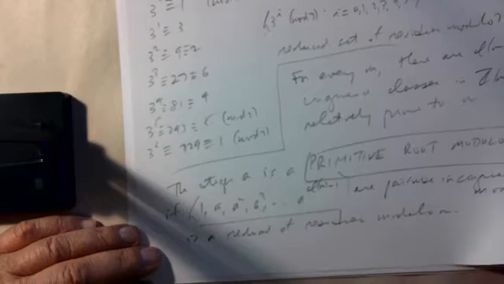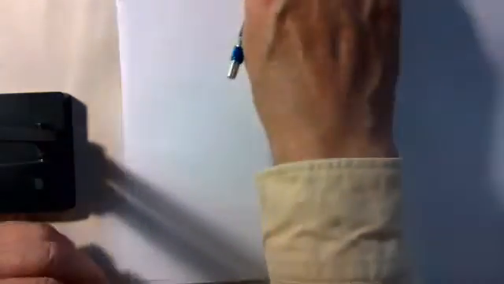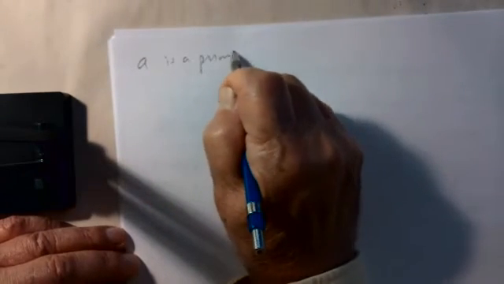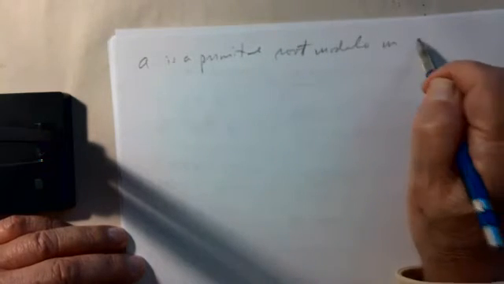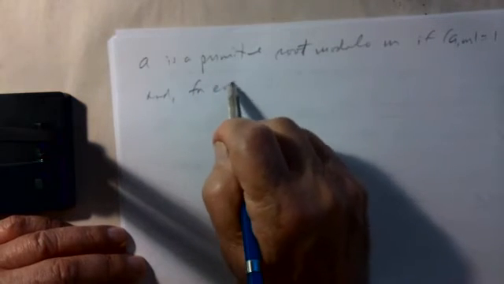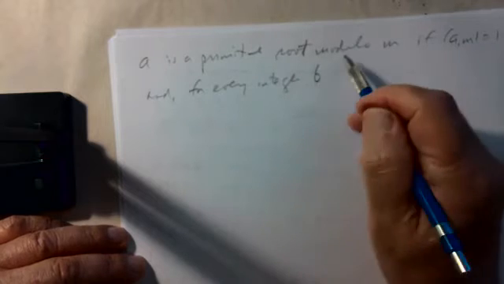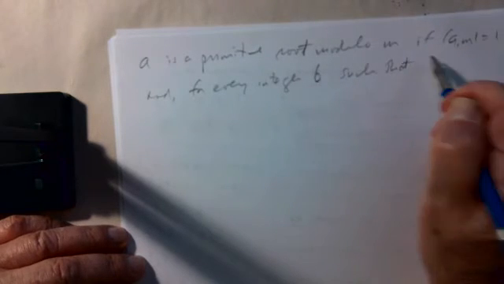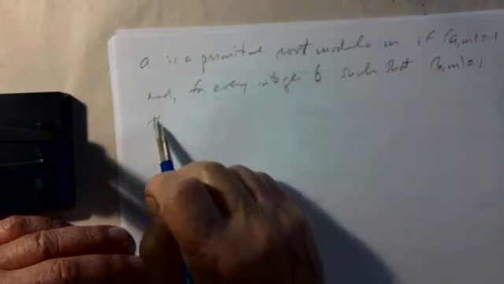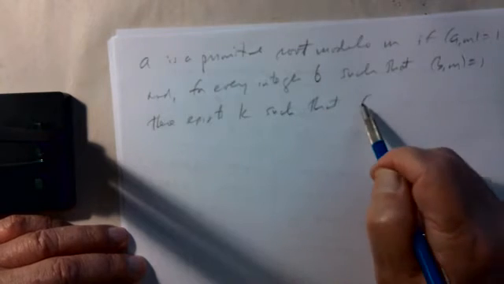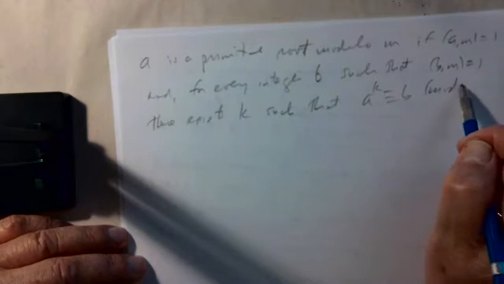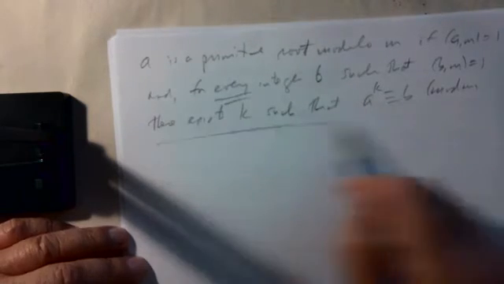And another way of saying this is the following. A is a primitive root modulo m if a and m are relatively prime, and for every integer b such that b and m are relatively prime, there exists a positive power k such that a to the k is congruent to b mod m for every b.